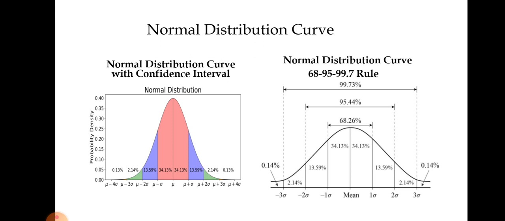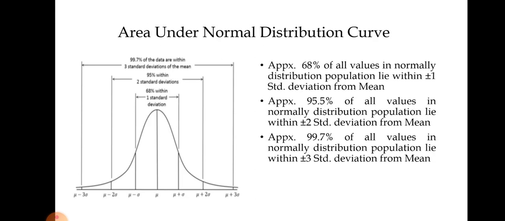It is 34.13% on this side and 34.13% on this side. The summation gives us 68.26%. So 68% of all values, the combination of both sides, always lie within plus or minus 1 standard deviation from the mean. Approximately 95.5% of values lie within plus or minus 2 standard deviations of the mean.